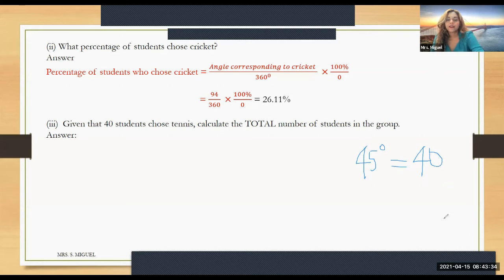So we need to figure out how much 1 degree represents and then find out for 360.